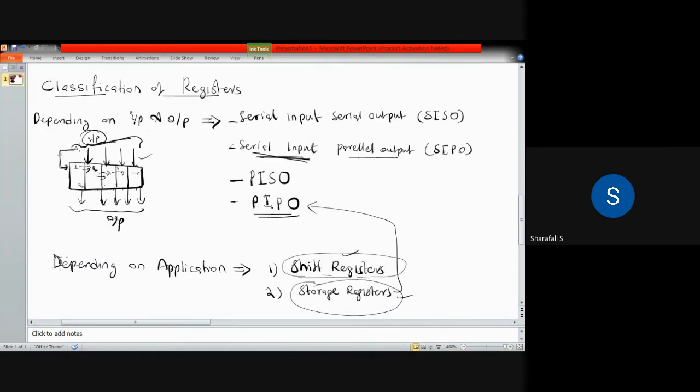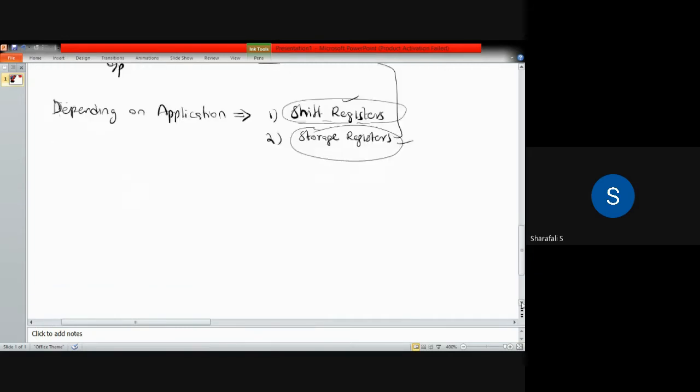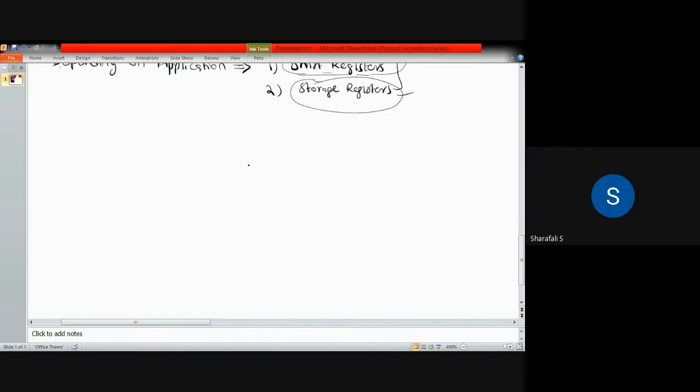Now, first we will discuss the serial input, serial output configuration. This we will consider in the case of shift registers. In shift registers, we will first consider serial input, serial output.